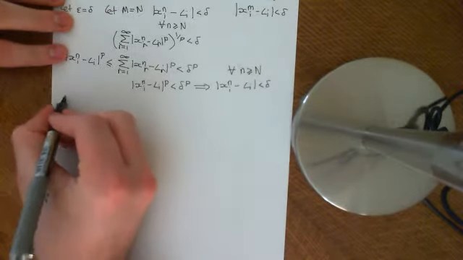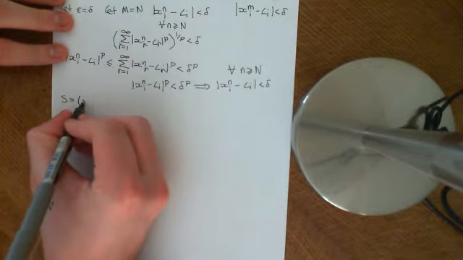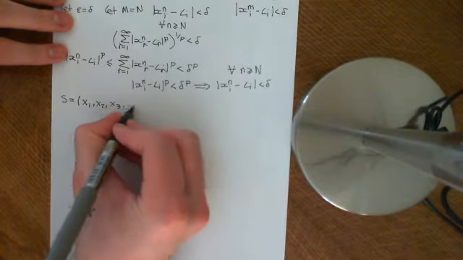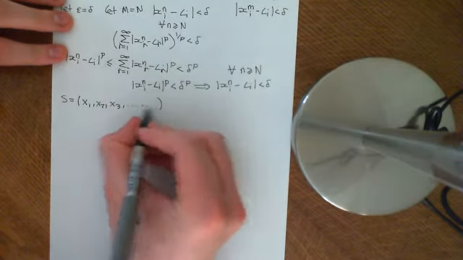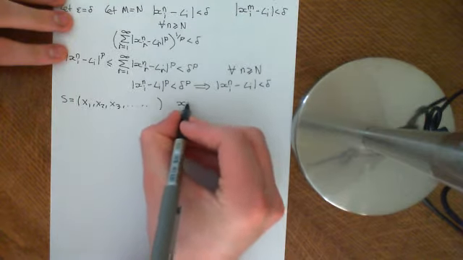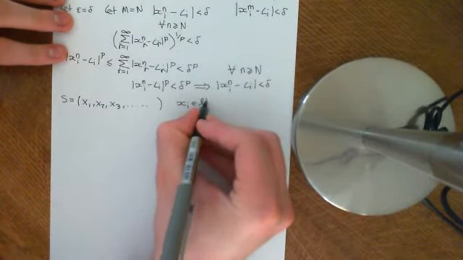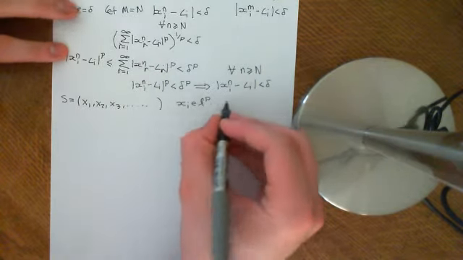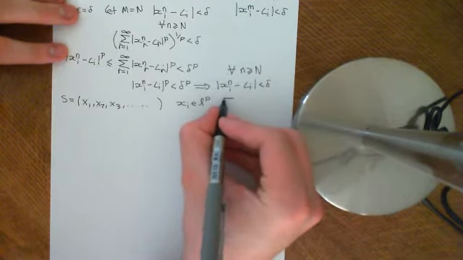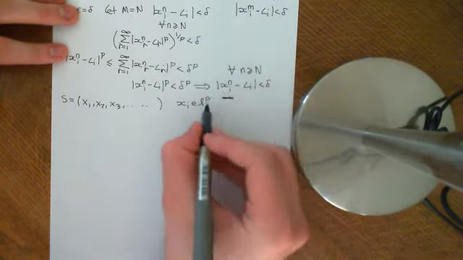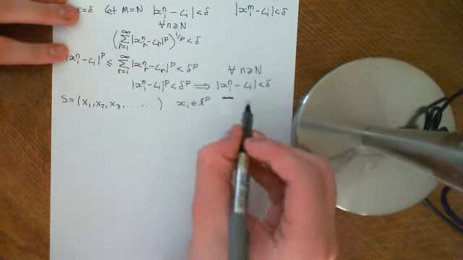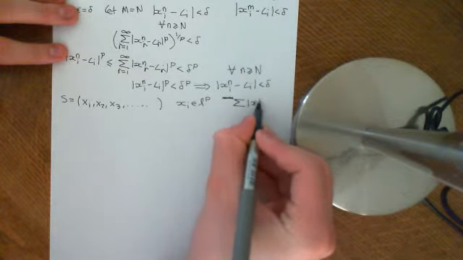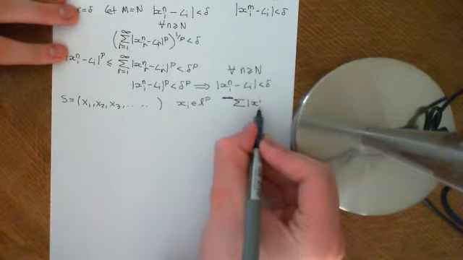So let's say we have some sequence S, which is a sequence of sequences, x1, x2, x3, etc. That's a sequence of sequences which are all in LP, so xi is an element of LP. Absolutely every single one of these sequences is within the metric space. That means each of these sequences obeys the property that the sum over j equal to 1 to infinity of the modulus of x_j^i, to the power of p, is finite.